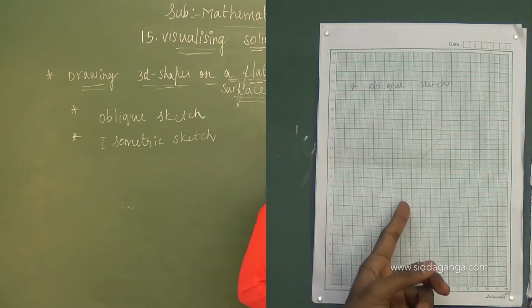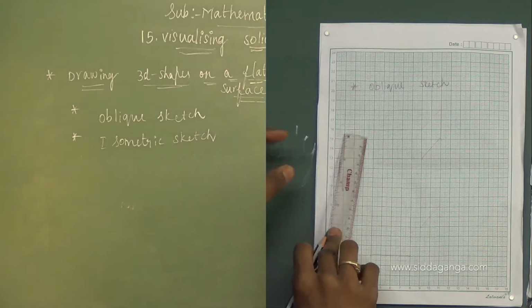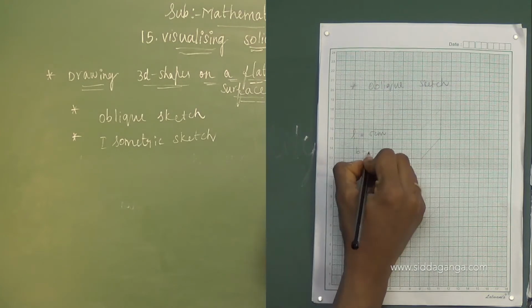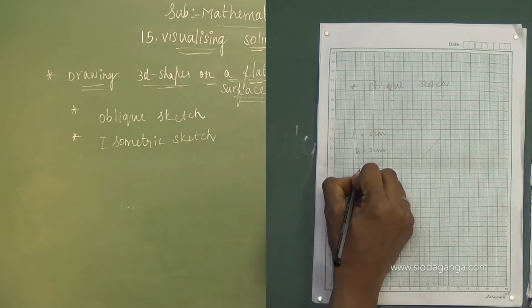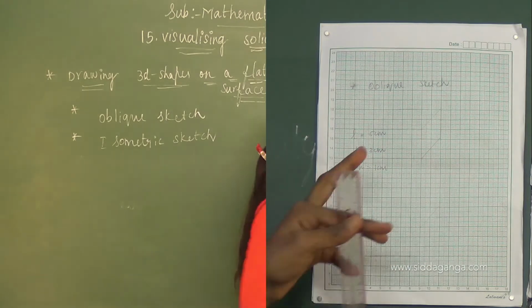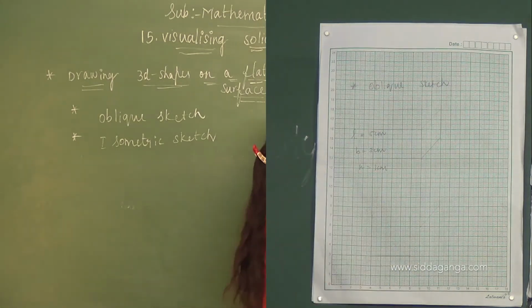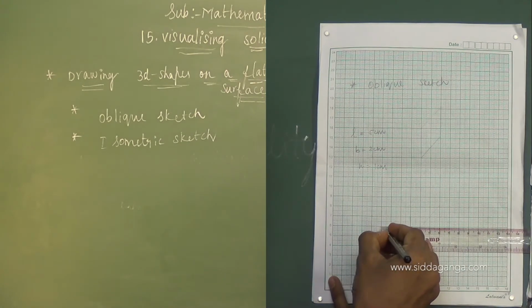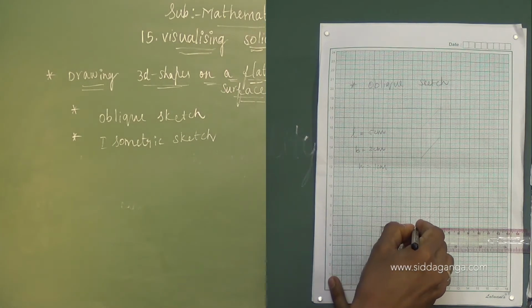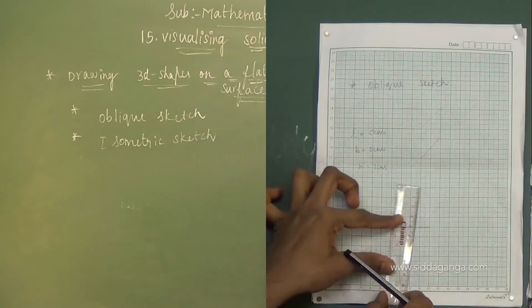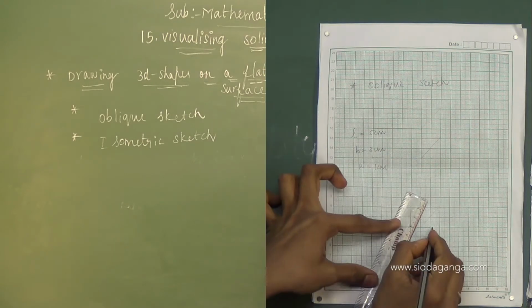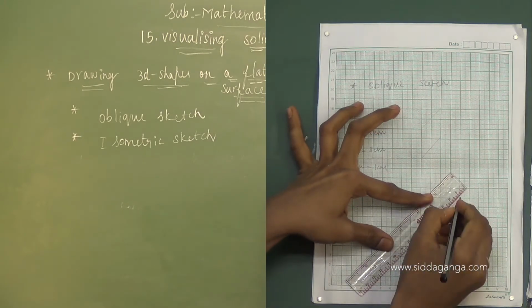I am representing one cuboid of length 5 centimeters, breadth 3 centimeters and height 1 centimeter. Here we have to take 5 boxes, each box is one unit: 1, 2, 3, 4, 5. And the height of the cuboid is 1, and now breadth 1, 2, 3.